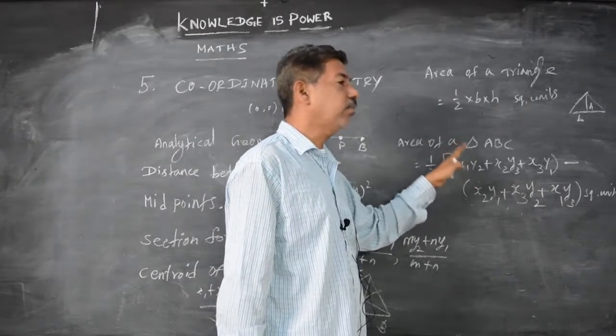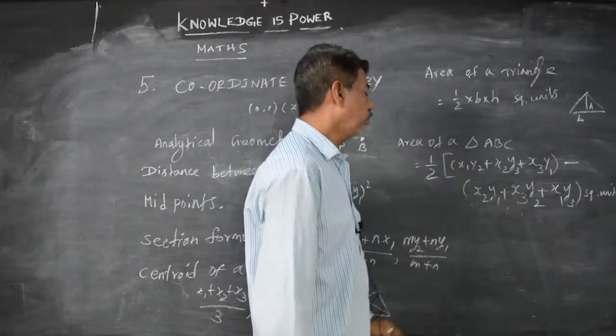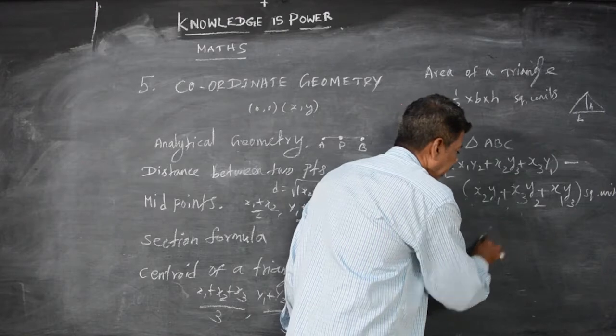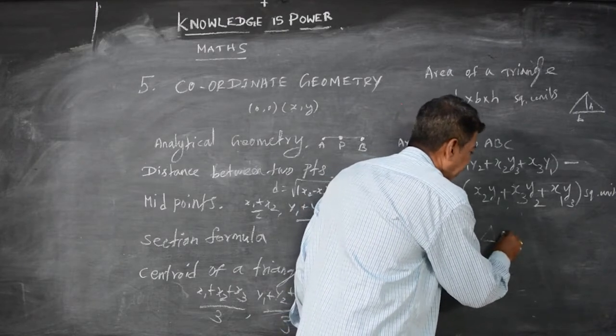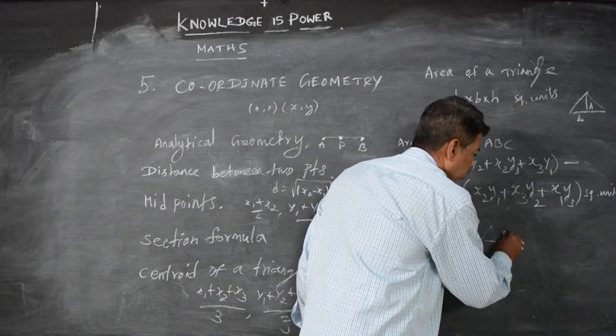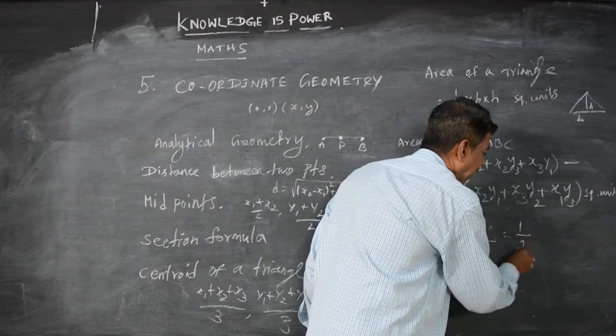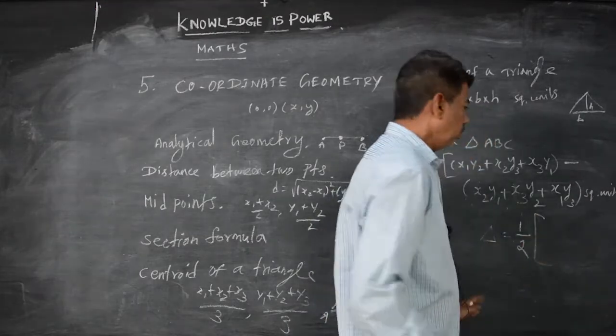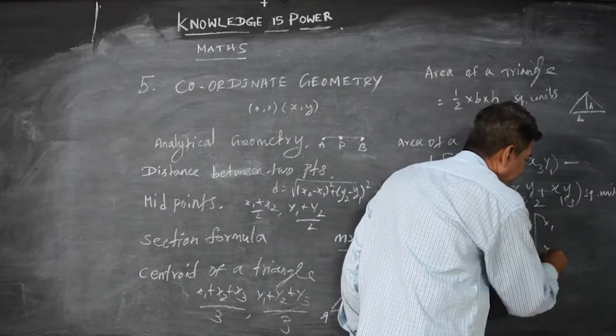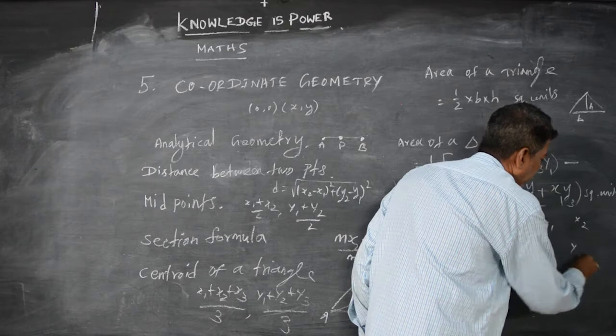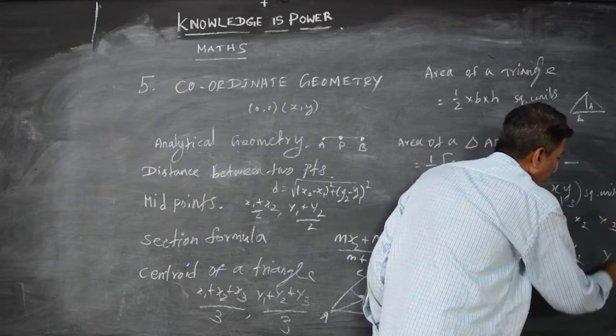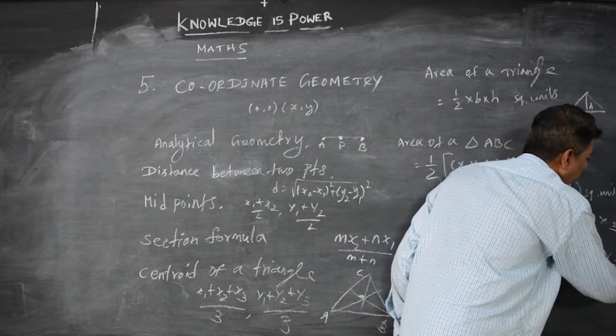How can we remember these formulas very easily? For the logical concept, I will explain it easily. Area of triangle: we represent half, then x1 y1, x2 y2, x3 y3, and again x1 y1 you have to write.